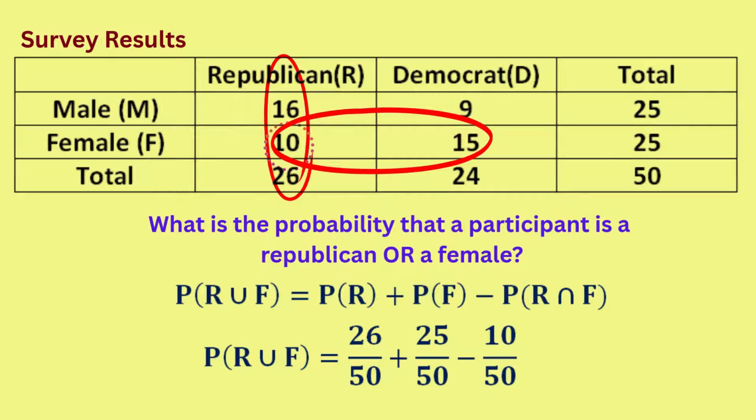Notice that the 10 had to be subtracted since it was added twice when we calculated the probabilities for female and Republican separately. So the probability that a person in the survey is a female or a Republican is 41 over 50, or 0.82, or 82%.